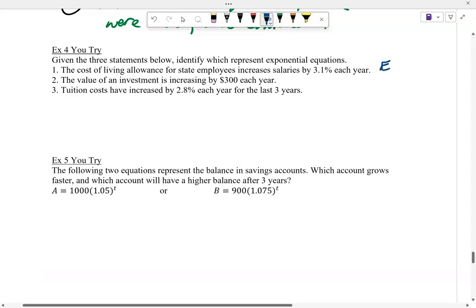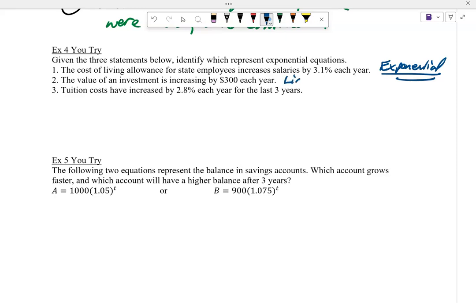You'd say exponential. Specifically exponential growth, right? Number two, the value of an investment is increasing by $300 per year. Exponential or linear? Linear. That's a fixed amount every year. $300. That's a linear, constant rate of change.